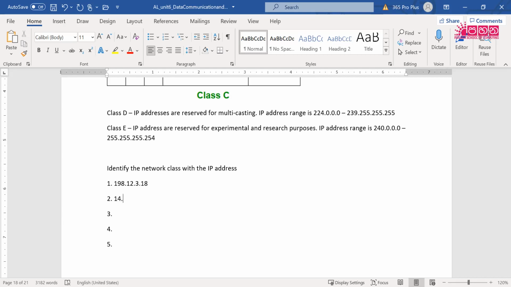Then 14, 25, 36, and 65. Then 225, 25, 31, 60. Then 38 and 50.